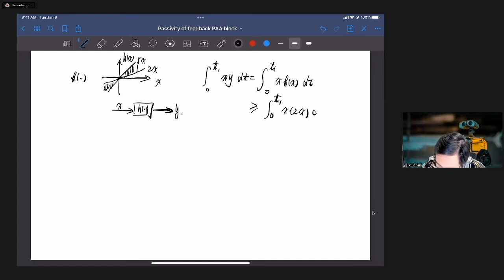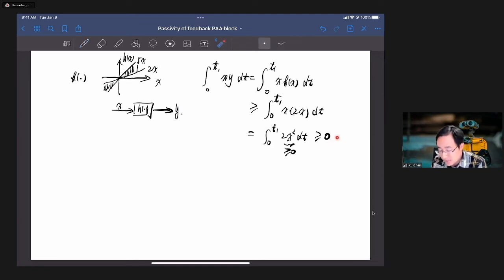That is the lower bound of the sector nonlinearity. So it equals the integral of 2x squared dt. And this is positive, or at least 0. And if we integrate something that's non-negative, you get a non-negative integral. So therefore, this is a lower bound.